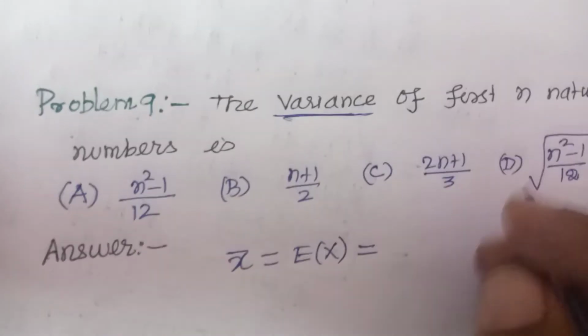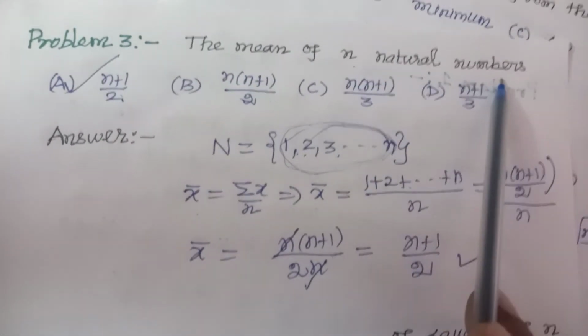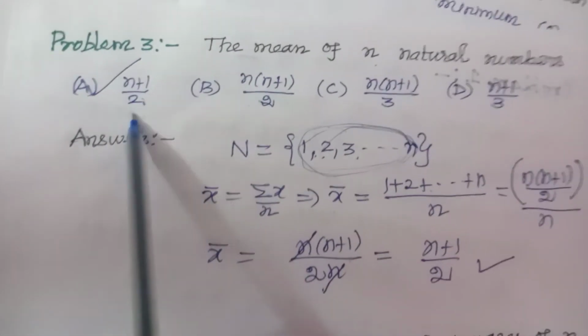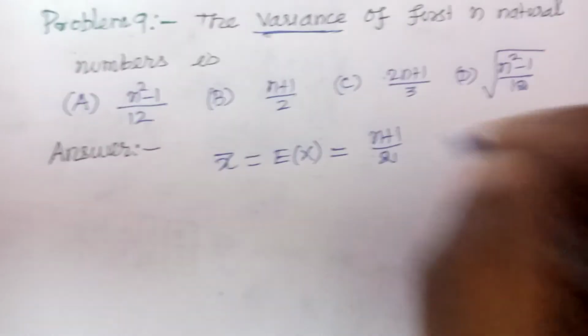We already discussed this in problem number 3: the mean of the n natural numbers is (n plus 1) divided by 2. We can write it directly.